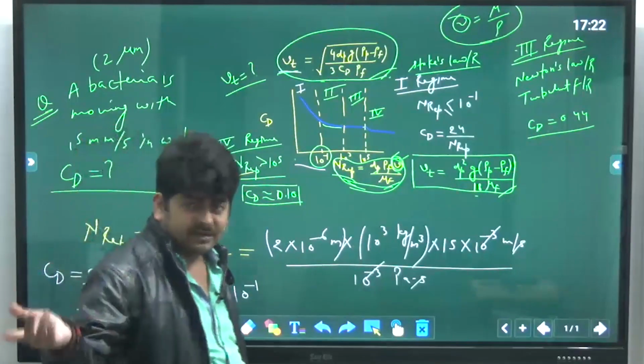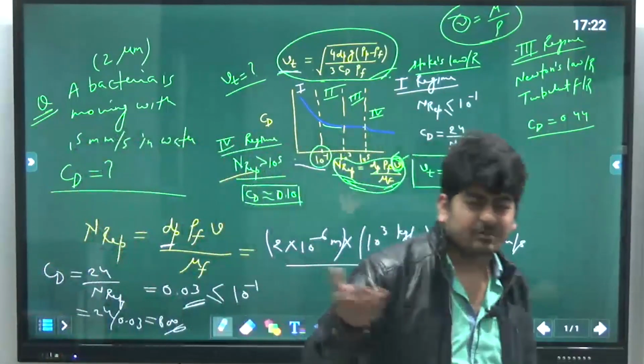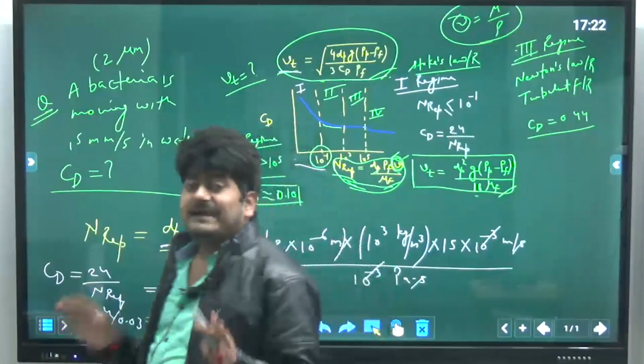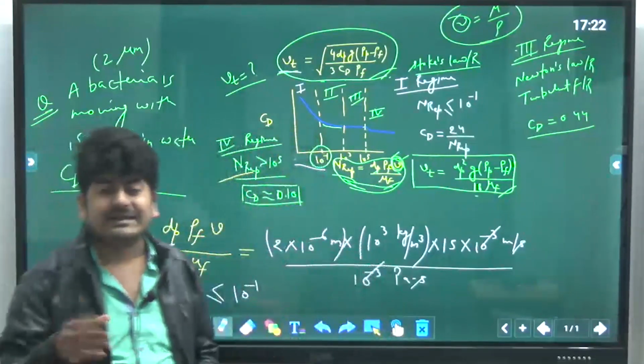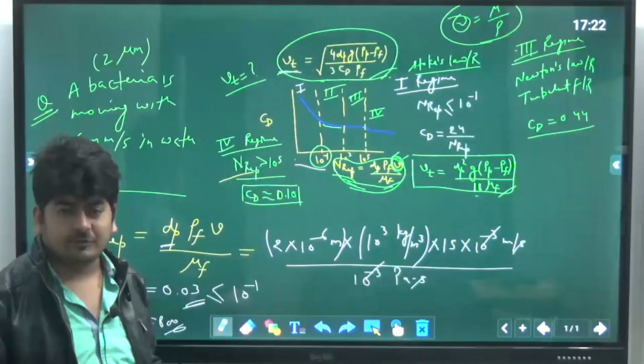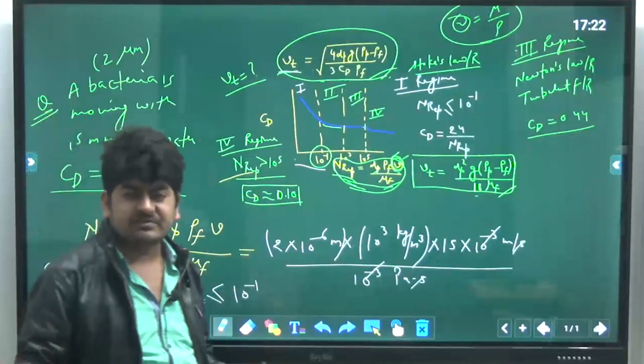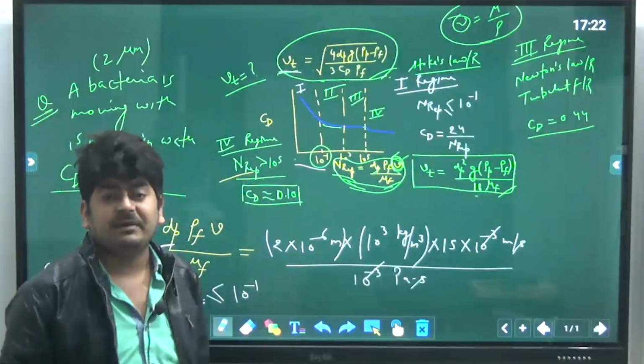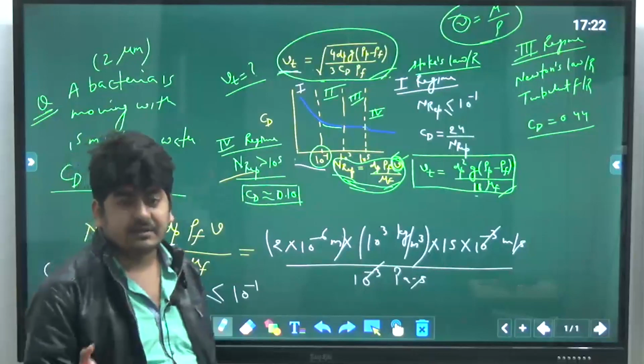There was a numerical in 2016 maybe, or maybe 17. What will be the maximum particle diameter settling in laminar flow regime in some fluid? Density, viscosity, all those things were given. They were asking the maximum diameter of the particle.